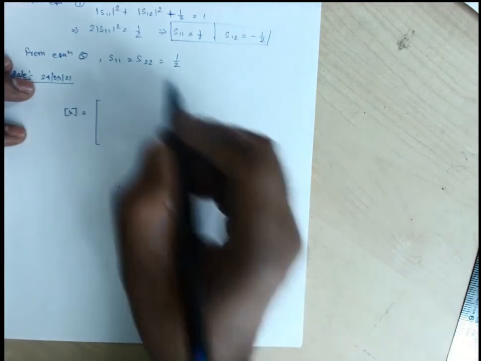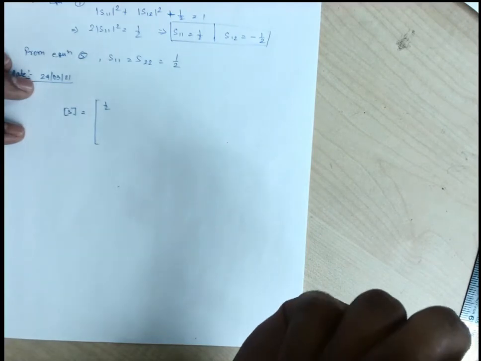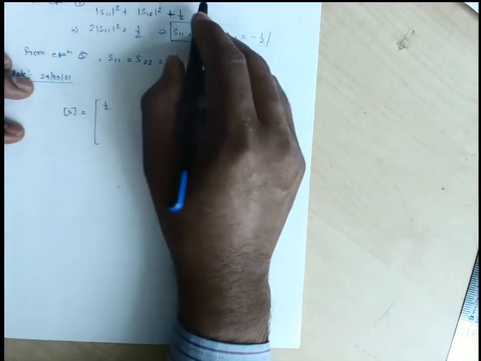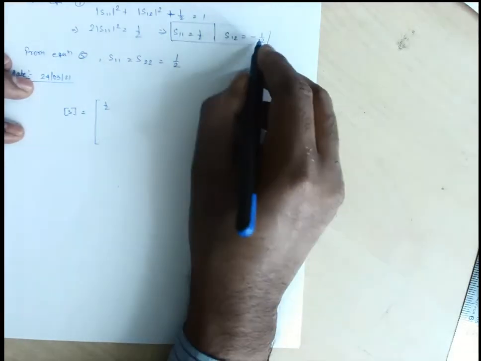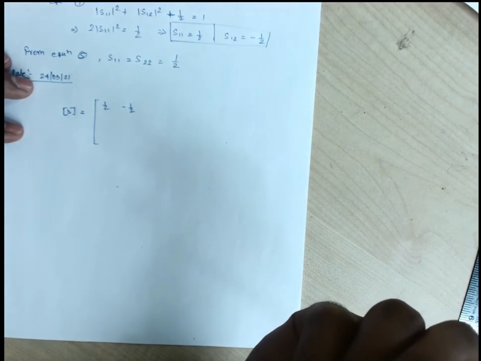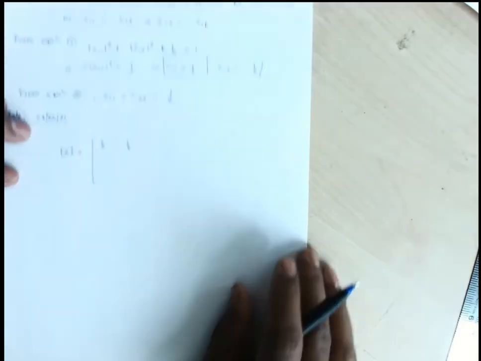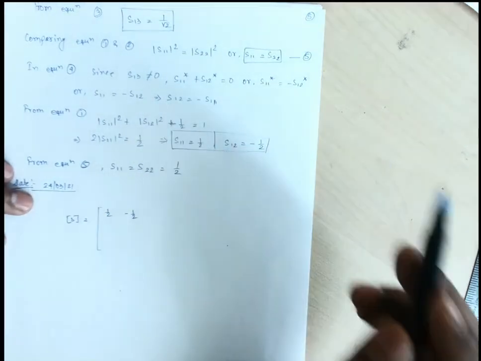So what will be the value of this S11? It is half. S12 is the same as minus of S11, that is minus of half. S13 is 1 by root 2.